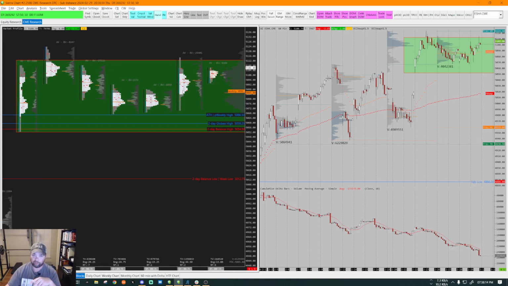The profiles and stuff look the same way, same story. We get above balance, I'll be looking to fade that unless we have MGI, market generator information, that tells me differently. We start putting in singles, have excess, things like that, then I'll be looking to fade it back into balance, especially on a Friday. But we'll see what happens.